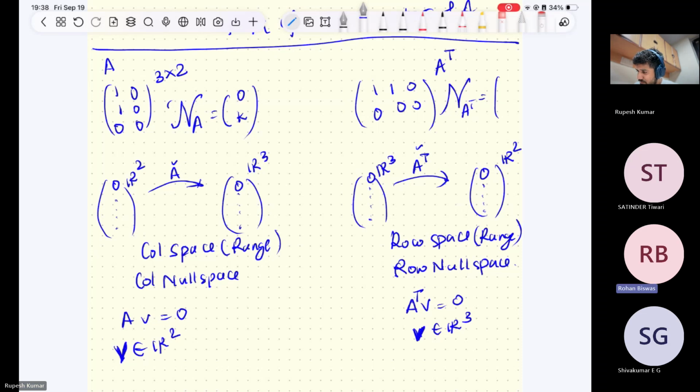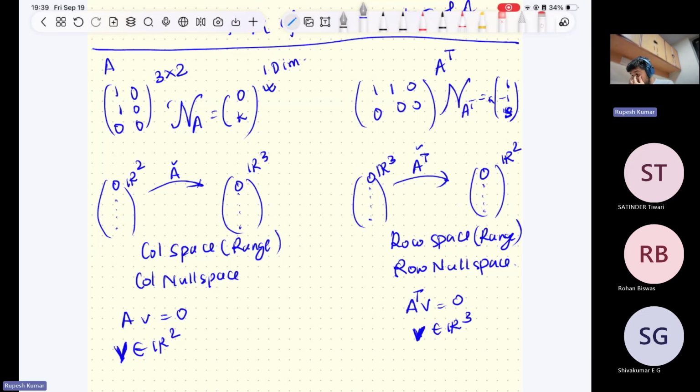It should be 1 minus 1, and any other 1 minus 1 and Z. Right? 1 minus 1 and kz. Basically, k into this, maybe let's call it s here, and k multiplied by this. Now you can see in this case the null space is one dimensional, right?